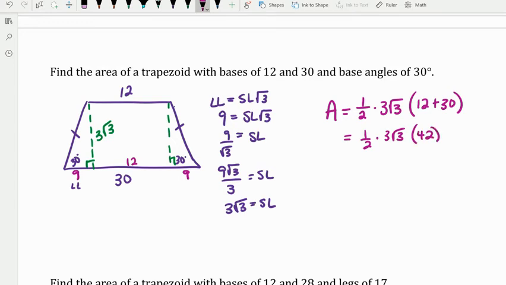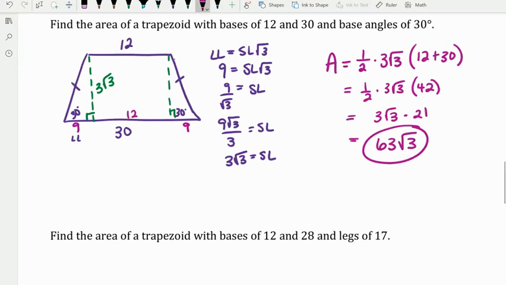Oops, if I can add, right? There we go, 42. Half of 42 would be 21, so we get 3 radical 3 times 21. And then 21 times 3 would be 63 radical 3 for our area. Okay.